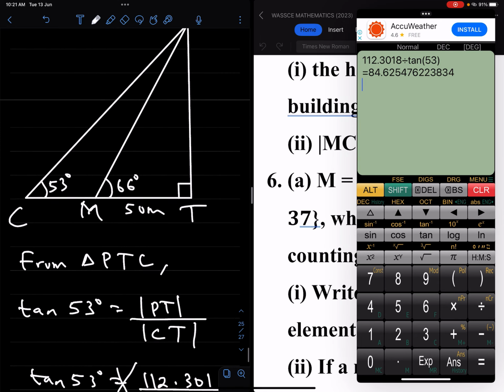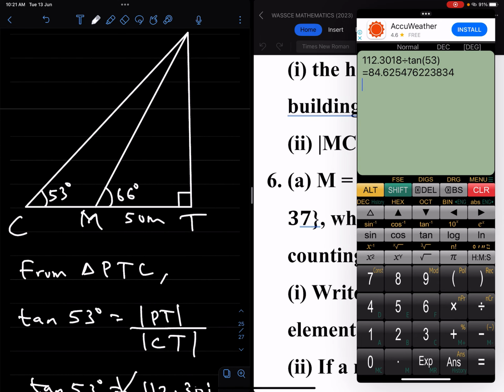Now therefore we can see that CT is the same as CM, or better still MC plus TM. Yeah, this length MT plus MC is what will give us CT.